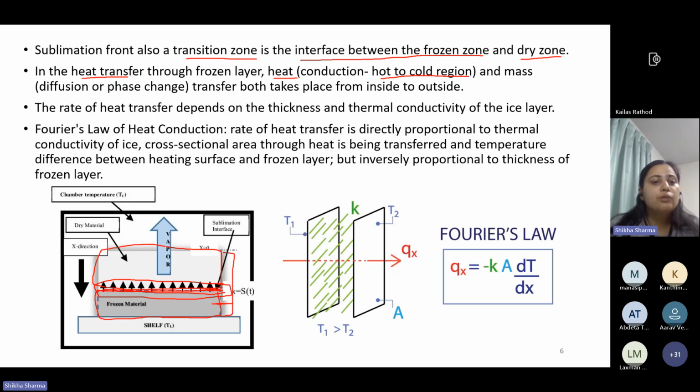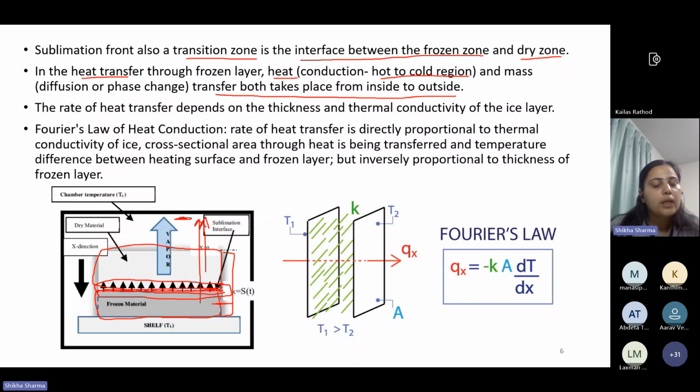And then it is diffusing from the higher concentration to the lower concentration. The higher concentration is in our food product and the lower concentration is in the atmosphere. And this transfer takes place from inside to outside, like moisture is removed from the product to the atmosphere.